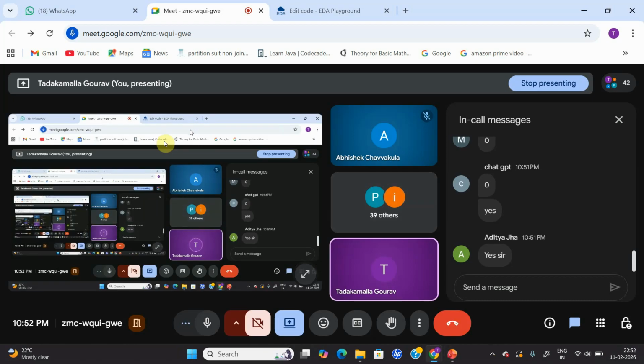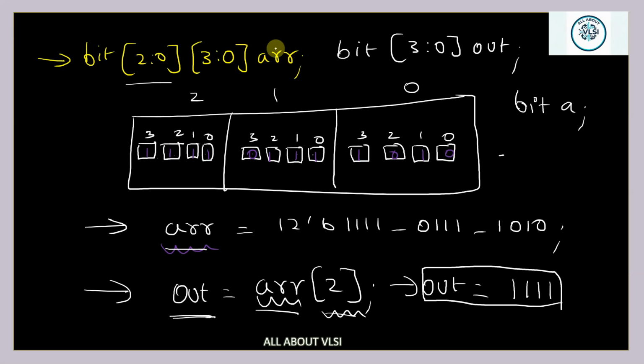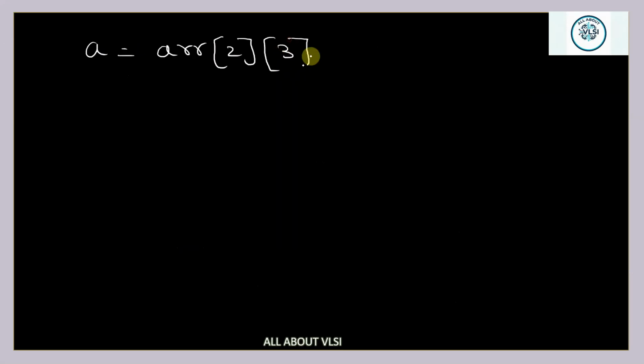Is it clear? Yes. Now let's say I declare one more variable, bit a, and write a is equal to ARR of 2, and also mention the next dimension, 3.